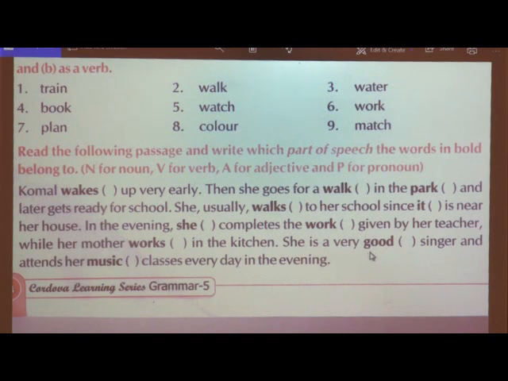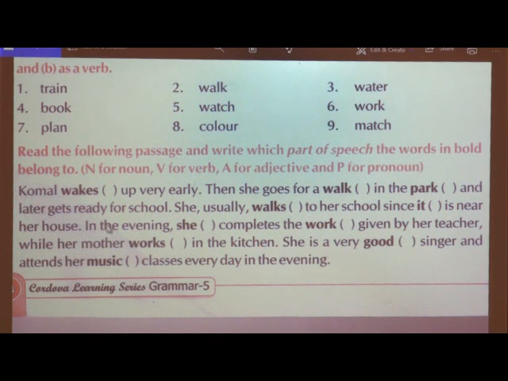So we are describing her. What will you write here? Good is an adjective, so you write capital A. She is a good singer and attends her music classes every day in the evening. Music is also a name, so you write N as a noun over here.